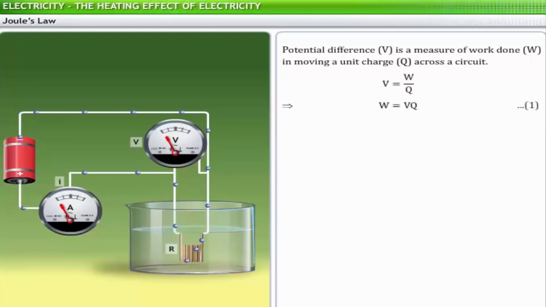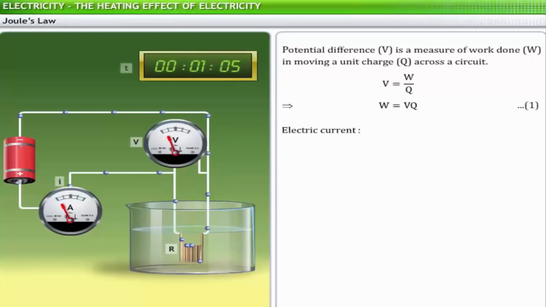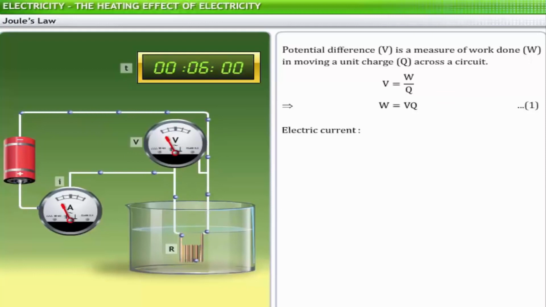From this, we get equation 1: V is equal to W divided by Q, or W is equal to VQ. The amount of electric charge passing through a circuit is the product of the electric current and the time of flow. From this, we get equation 2: I is equal to Q divided by T, or Q is equal to IT.